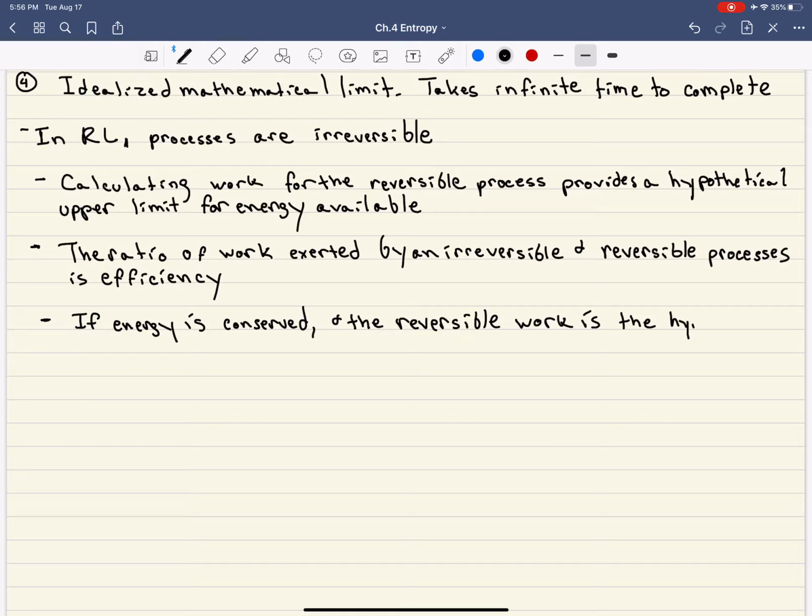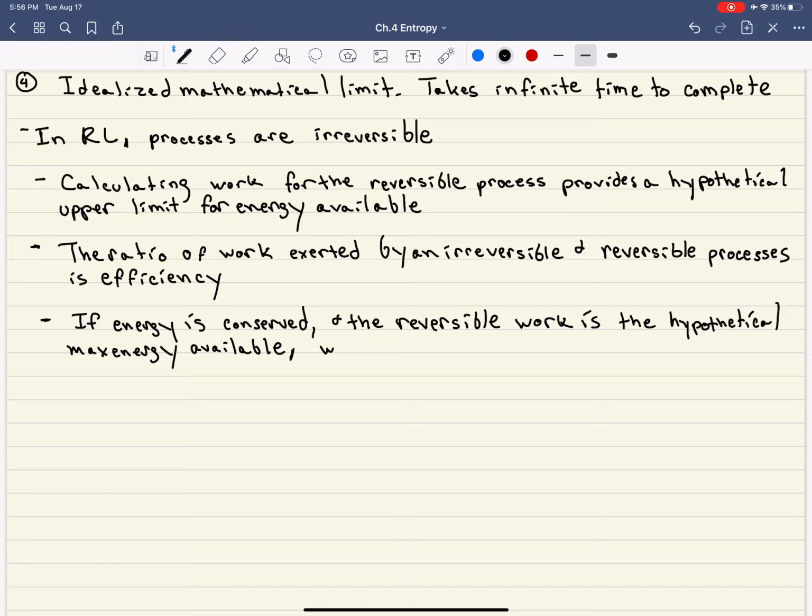So it is the hypothetical max energy available. Whenever we undergo an irreversible process, we're essentially not using all the energy that's available in our system.